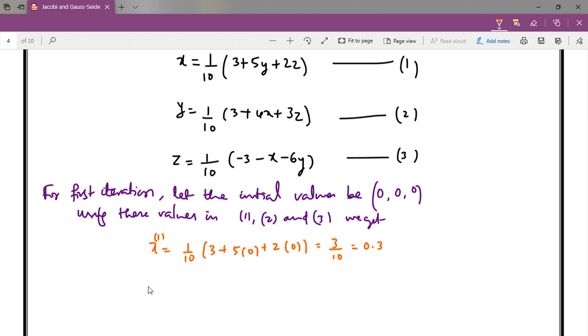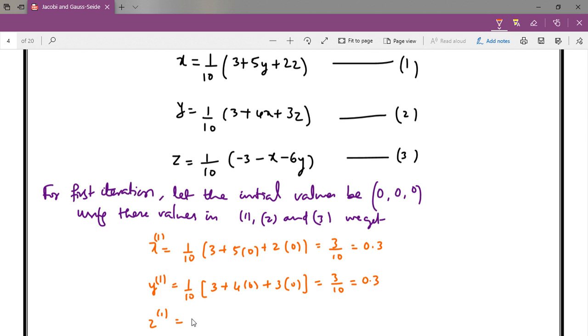So this is x1, the first iteration. Similarly, the first y iteration, that is 1 by 10 into 3 plus 4 into x is 0, 3 into z is 0, so that is also 3 by 10, so we get 0.3.